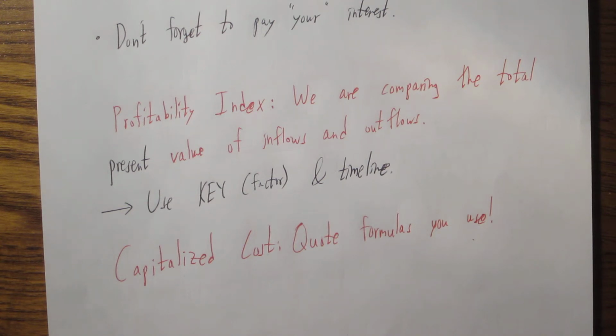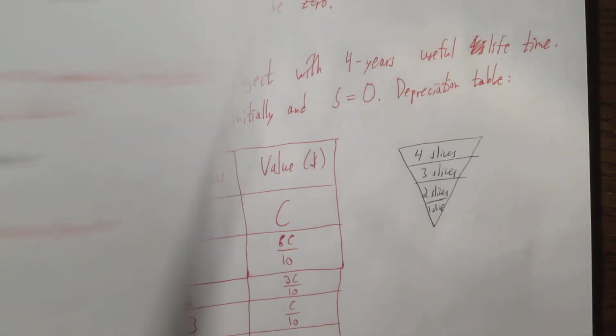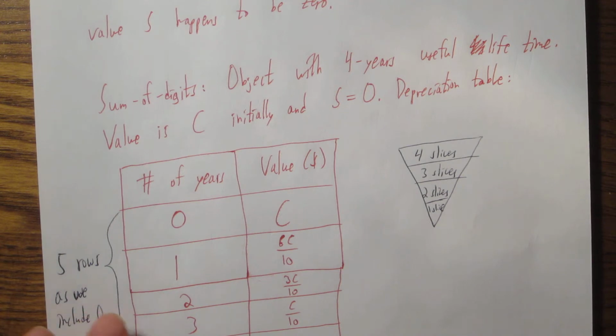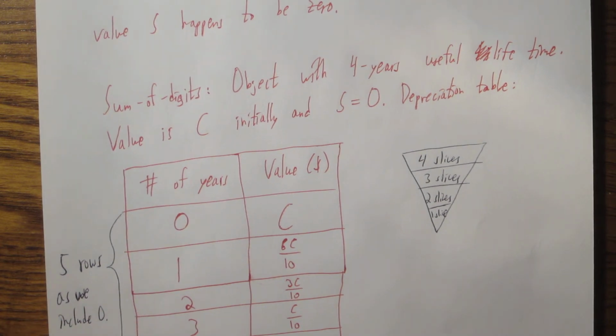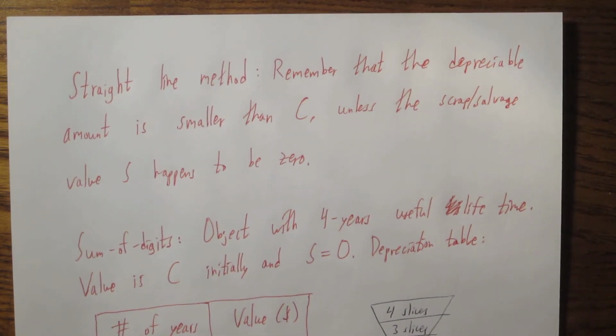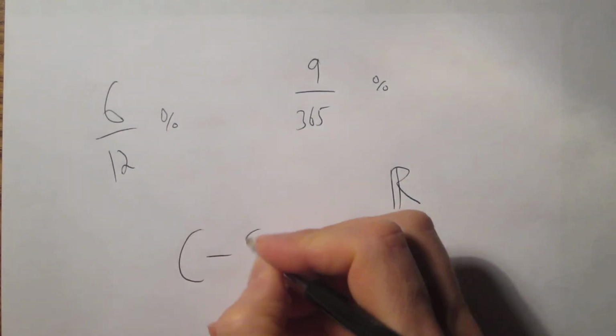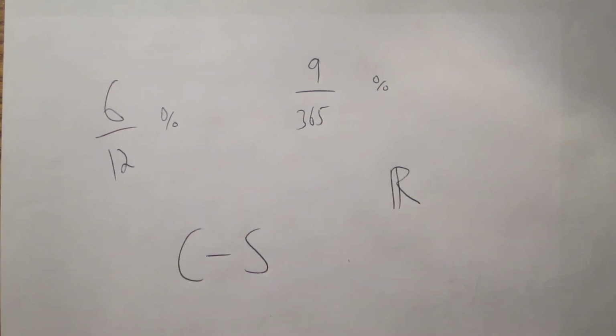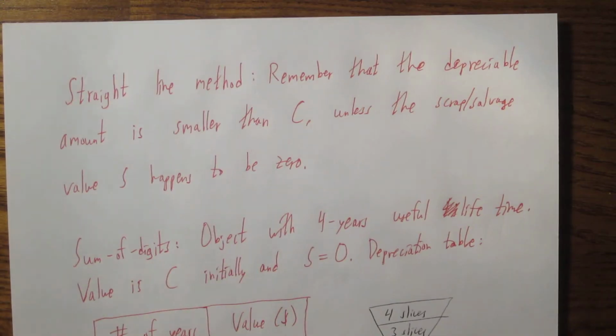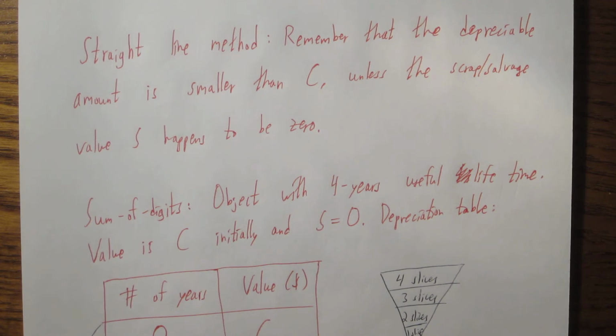Just quote any formula you use. Depreciation, the straight line method is simple. Just remember that the total depreciable amount is C minus S, the initial cost minus the salvage value. Sometimes S happens to be 0, but that is not always the case.